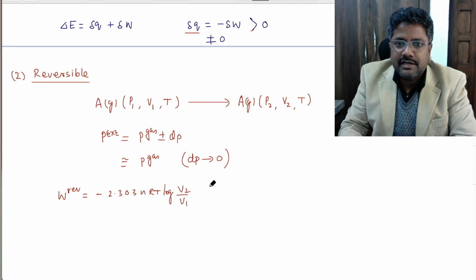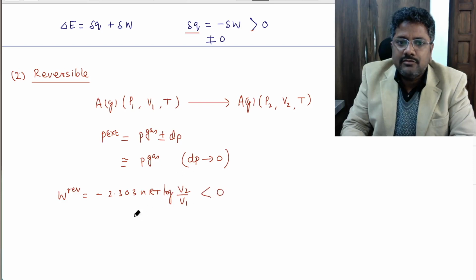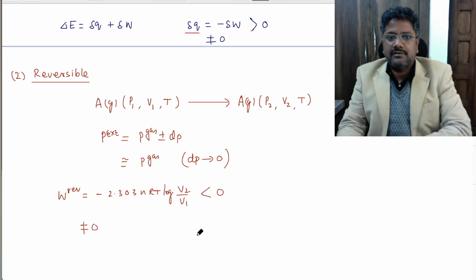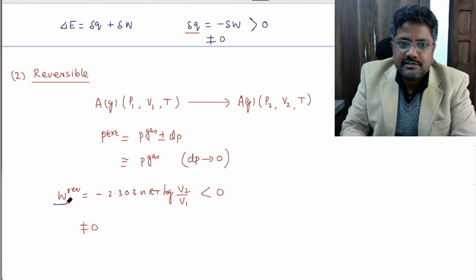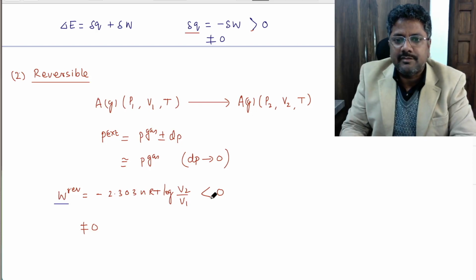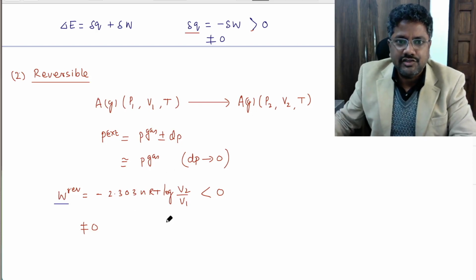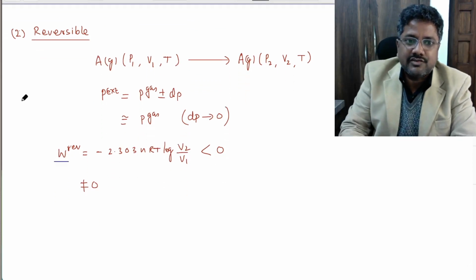So this is again less than 0 and not equal to 0. So the work in the reversible process is less than 0 in case of expansion. Here also I am taking only expansion.